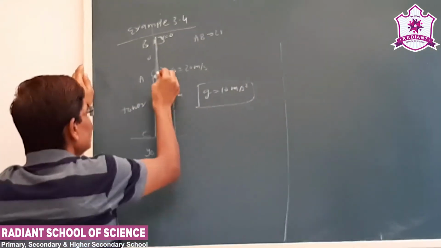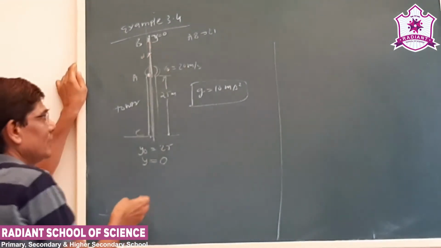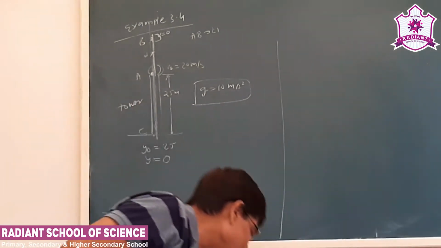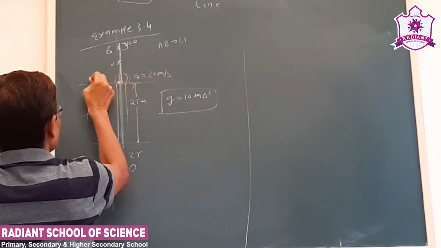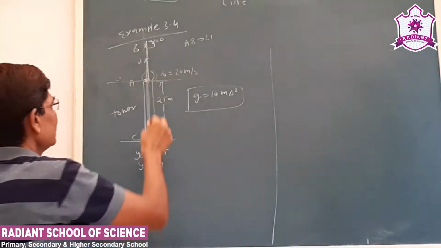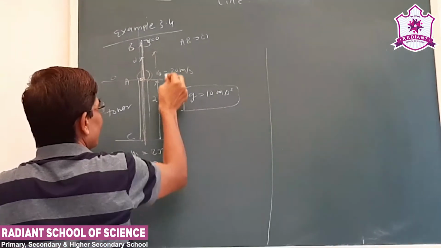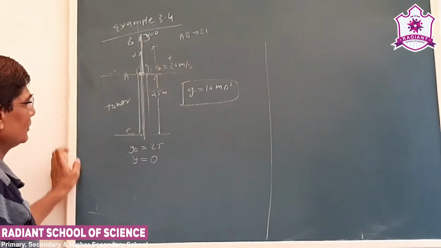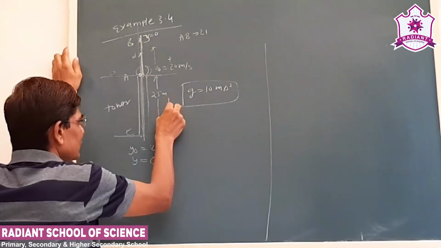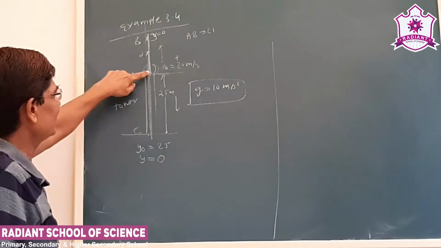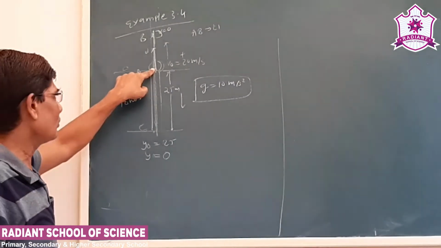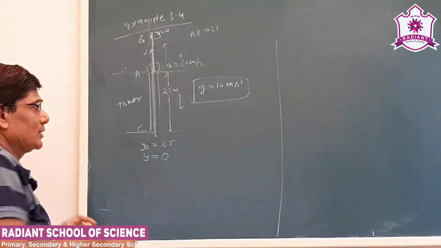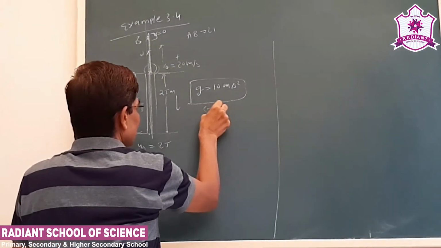Now here the body is thrown in a vertically upward direction. The point where we throw the object becomes our origin, so the velocity in the upward direction is positive. The body is moving against gravitation, which is a vector quantity in the downward direction, so we have to take it as minus 10.